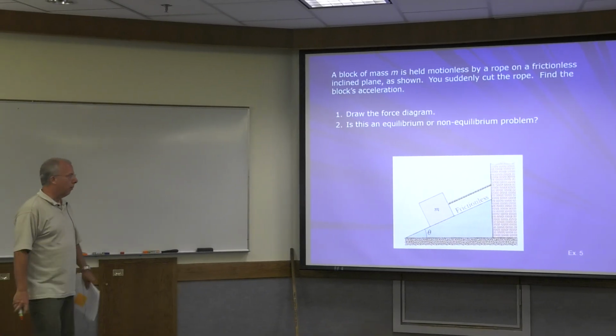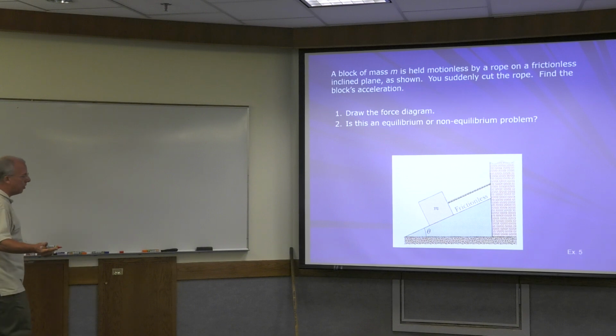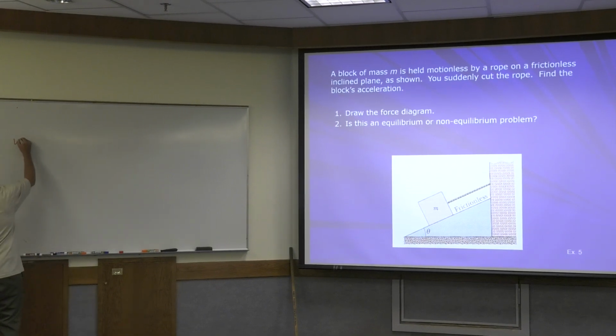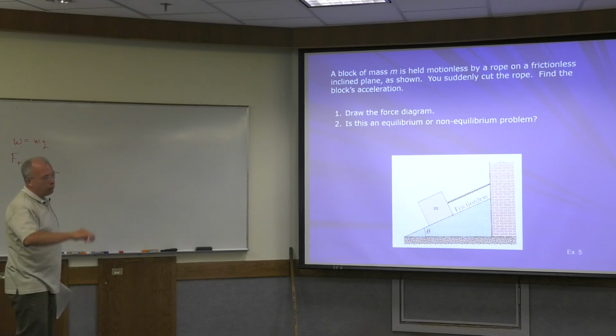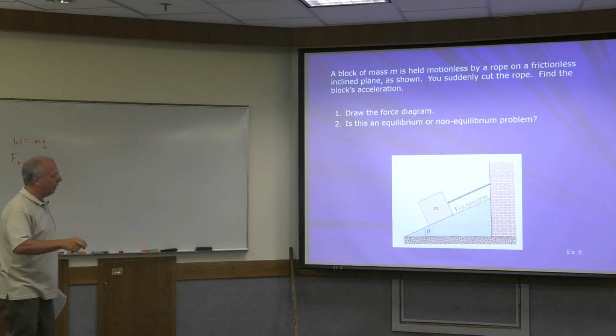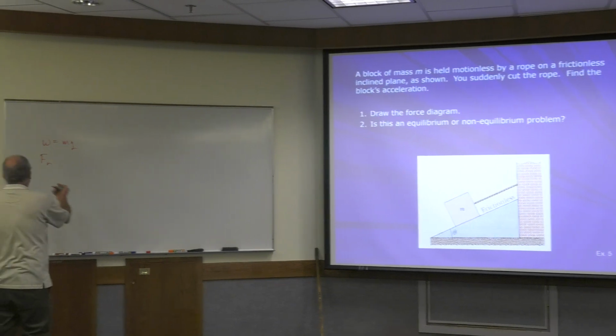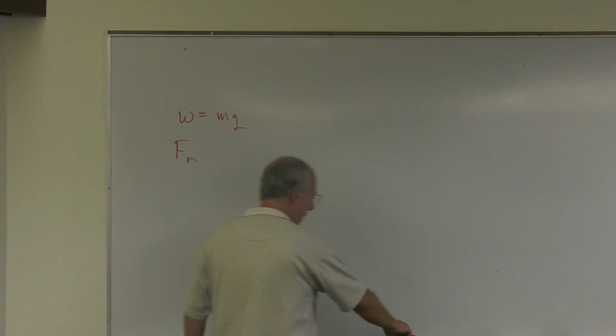All right, so now we're back. What are the forces on it? Well, there's always weight, W equals mg. And it's on a surface, so there's always going to be the normal force. Now, look at it. There's no friction, hallelujah. The rope is busted, so there's no tension. Just two forces, the weight and the normal force.